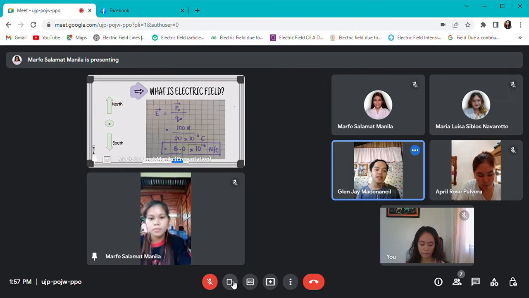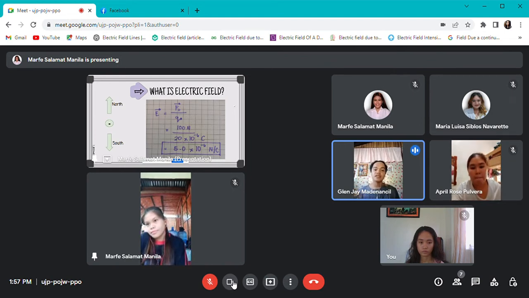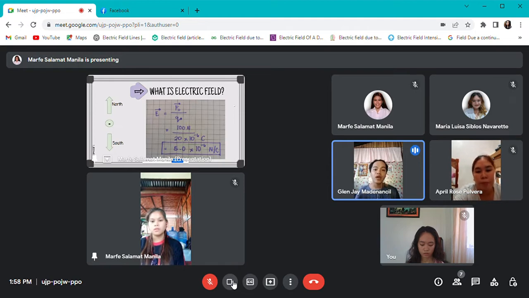So therefore, the magnitude of the electric field is 5.0 times 10 raised to the power of negative 6 Newton per coulomb, accelerating towards south from the negative point charge indicated there. So, nakuha ba ang idea sa electric field?